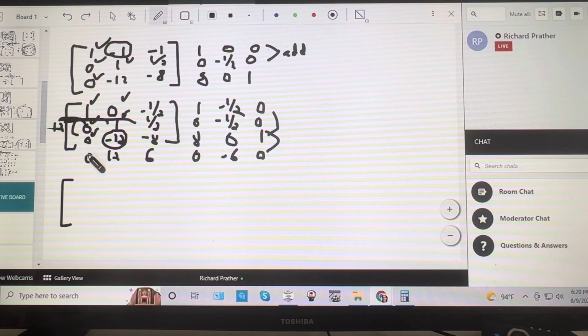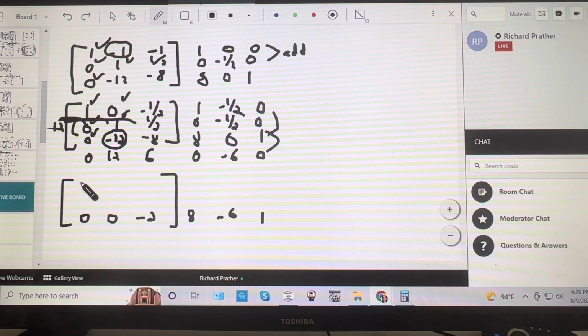So 0 plus 0 is 0. -12 plus 12 is 0. -8 plus 6 is -2. Notice we didn't get a 0 there like in problem number 30. 8 plus 0 is 8. 0 plus -6, and 1 plus 0.